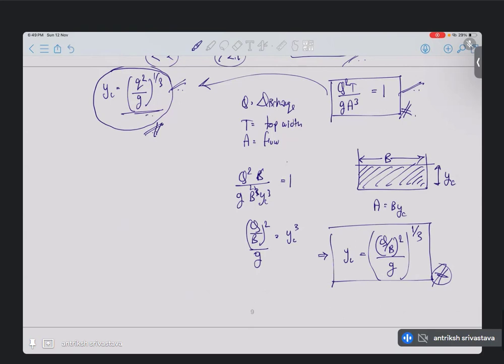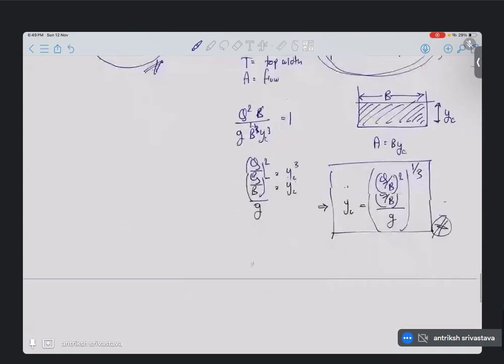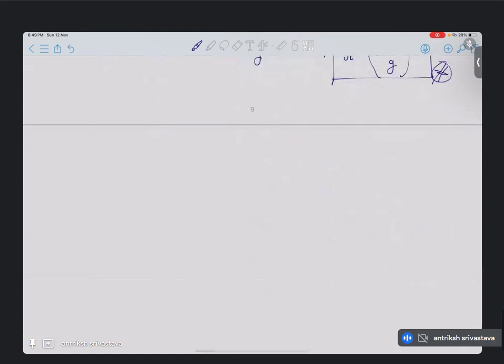Second derivation is this derivation itself which we used here to get the value of YC. Okay. So we know that our specific energy is written as E is equal to Y plus V square by 2G. Let us write it in terms of discharge: Y plus Q square by 2G A square.